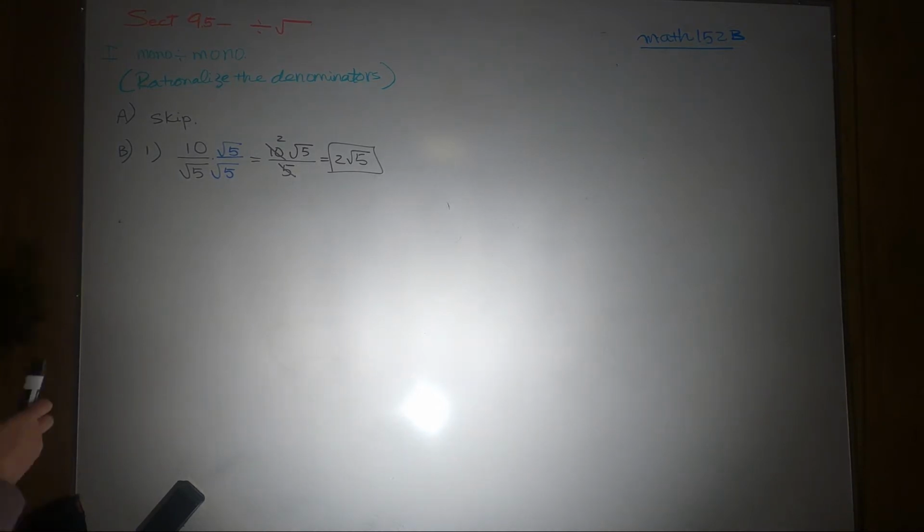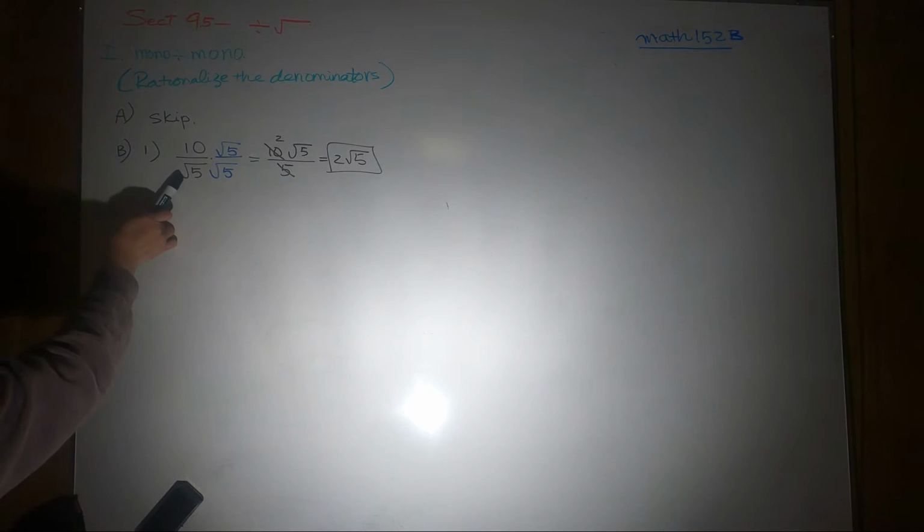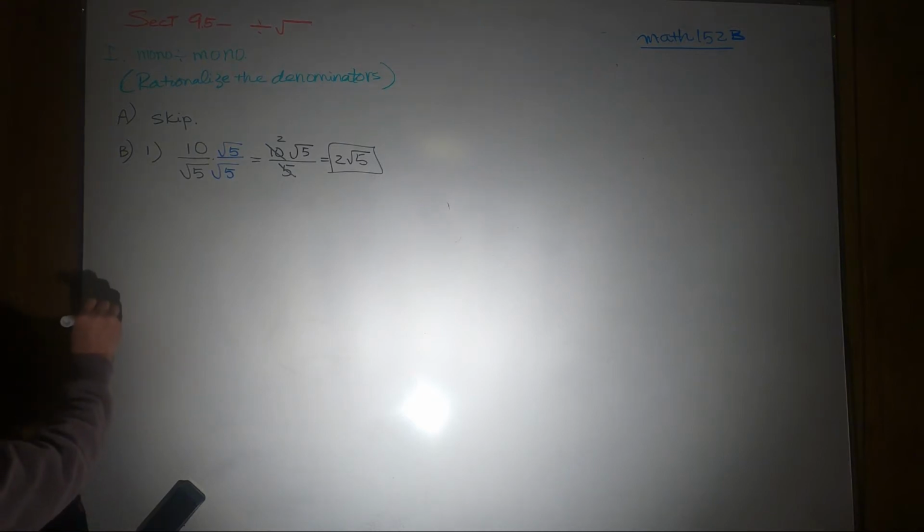So when we do dividing the radicals, mono to mono, we simplify them. Just follow the 4 rules. Remember the 4 rules? We'll keep repeating this part.